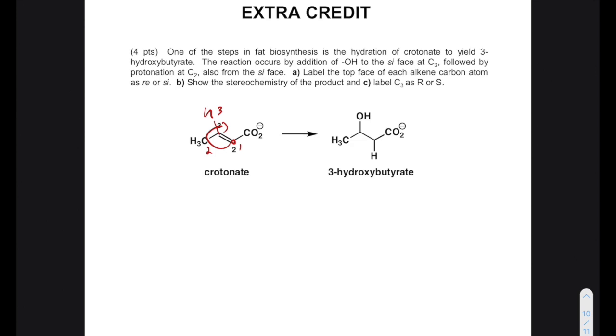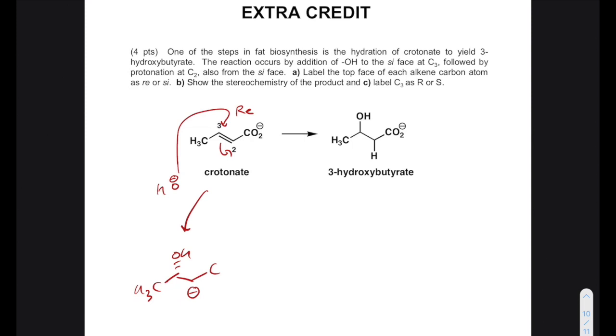That is the Re face of carbon 3. And it says that the OH group, or the hydroxyl group, attacks from the backside. So we have the hydroxyl group attacking from the Si face. And so we get this molecule.